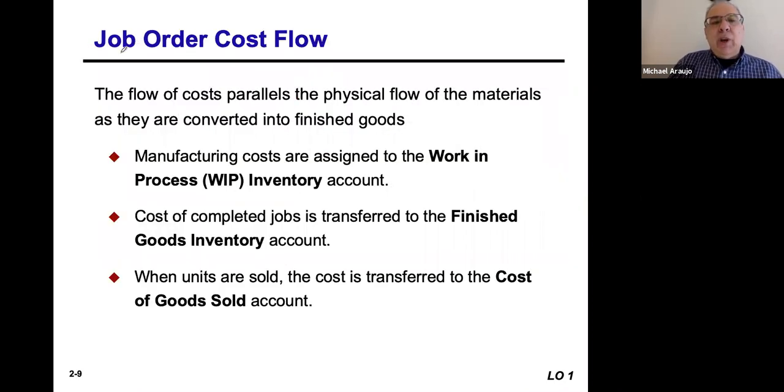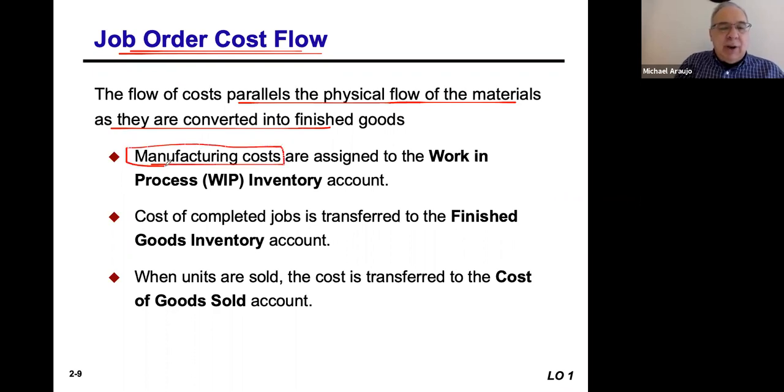All right, so we're going to be looking at the flow, job order cost flow. Basically, it parallels the physical flow of the materials as they go from raw materials into finished goods. So you have manufacturing costs, which you already know how to calculate from chapter 1. These are going to be assigned into what's called a work in process inventory account, because everything's going to start there.